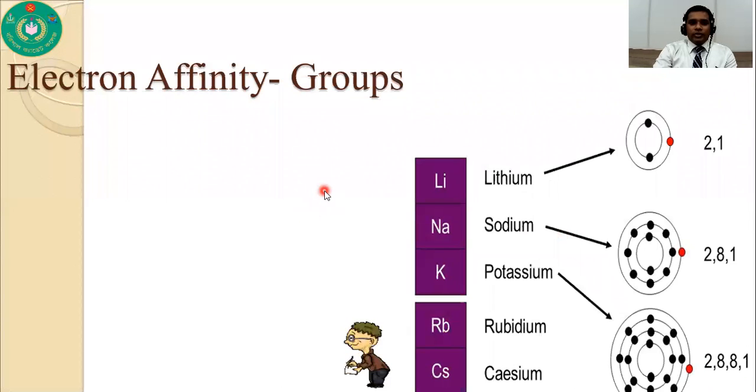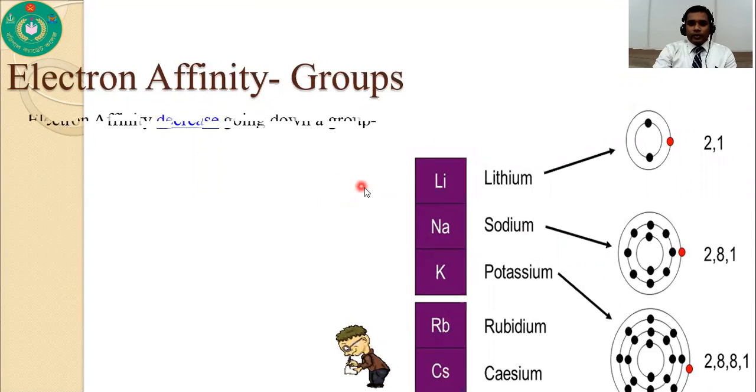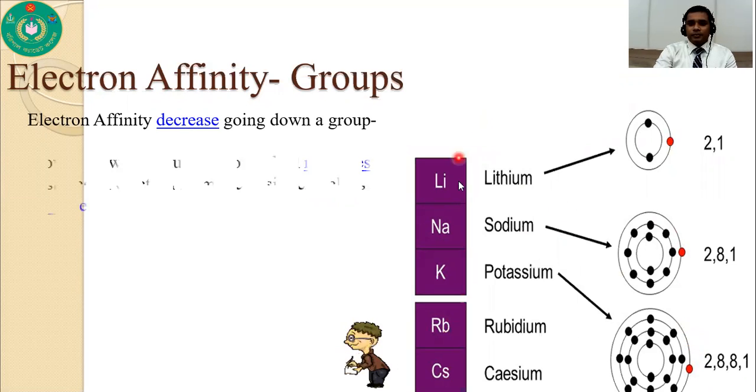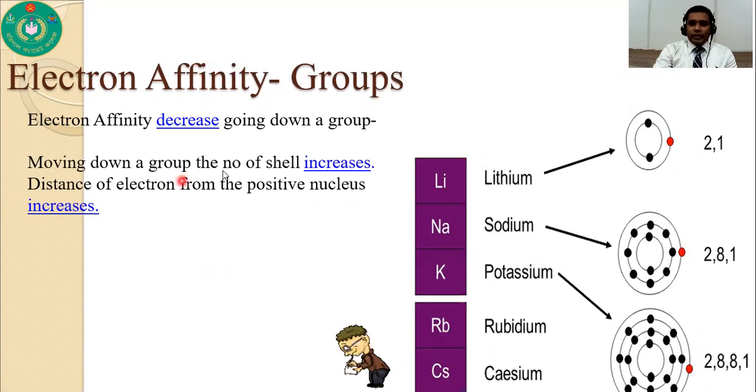Now, electron affinity trend in a group. You can see that electron affinity decreases when we go from top to bottom. Why does it decrease? When moving down a group, the number of shells increases. In the case of sodium, there are 3 energy shells, and in the case of potassium, there are 4 energy shells. So, atomic radius increases.